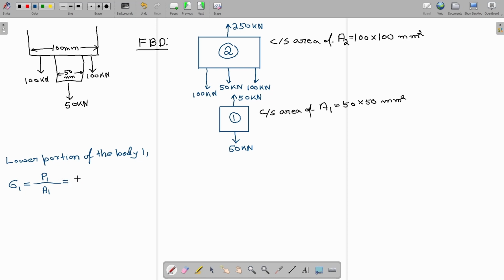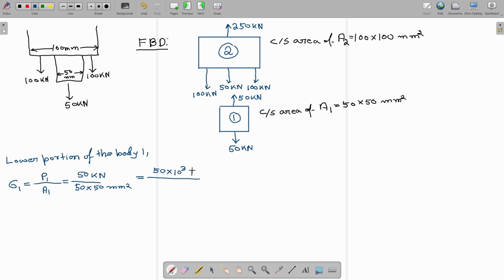The load which is acting is 50 kilonewton and the cross-sectional area is 50 into 50 millimeter square. Therefore, the solution is 50 into 10 to the power 3.